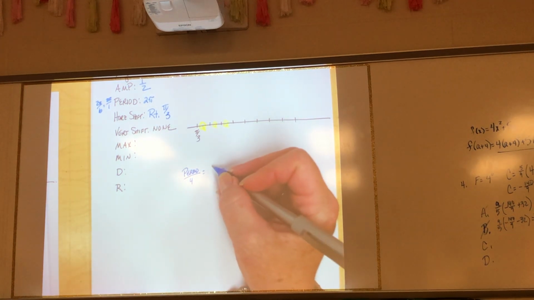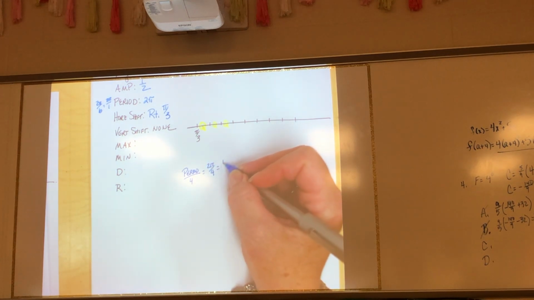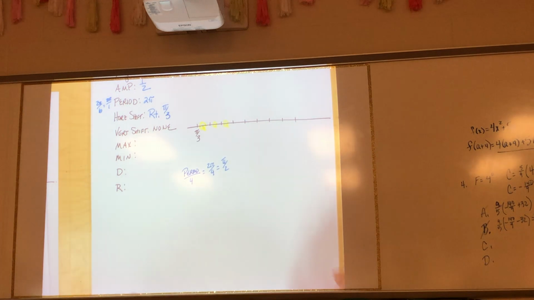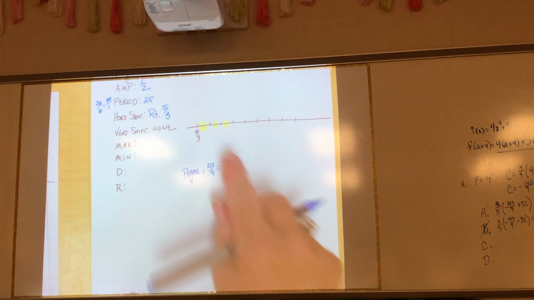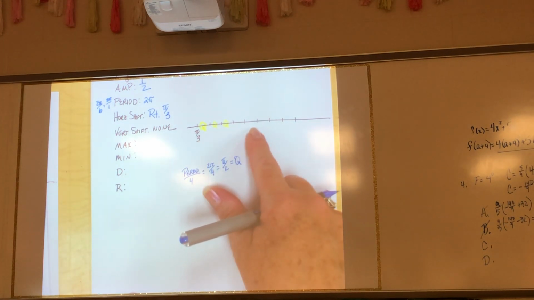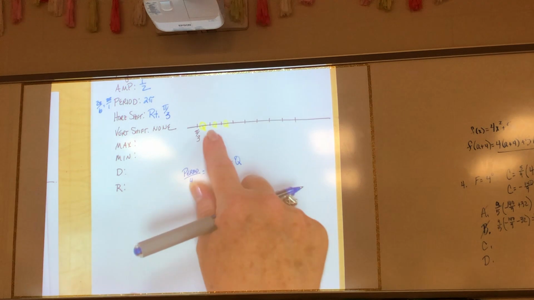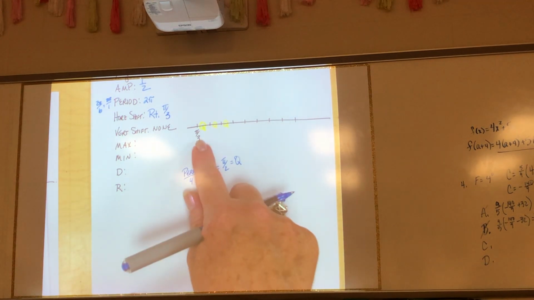What's the period? 2 pi. 2 pi over 4 is pi over 2. So this is my Q. That is my distance in between each one of these points. Do you get it? So if I want to find the next one, I add how far I want to go. That's my distance to this.